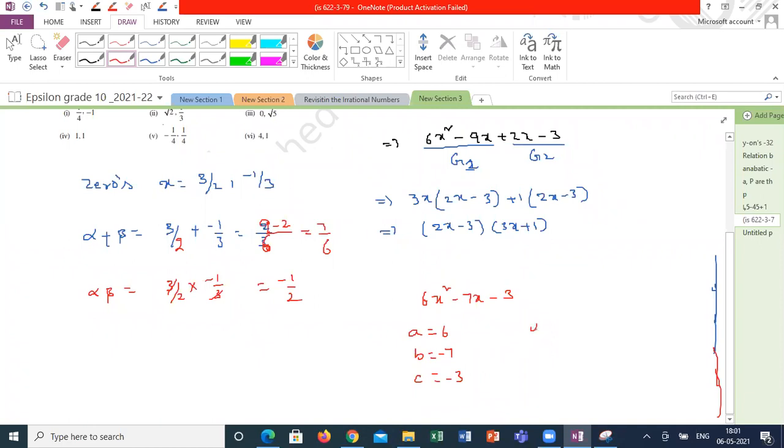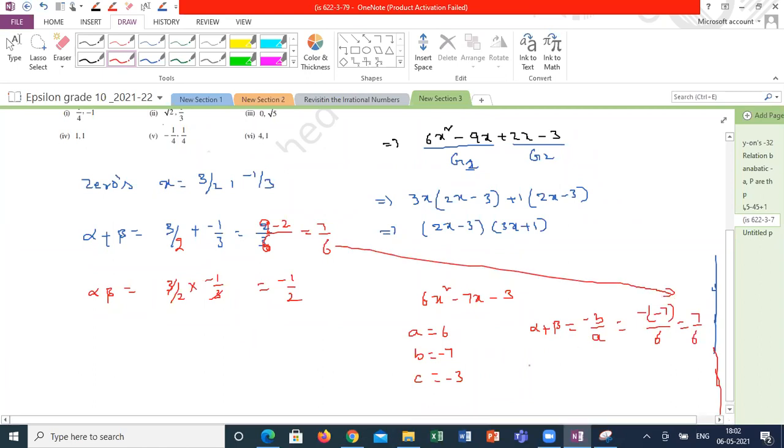So alpha plus beta, the sum of the zeros, is minus b by a, minus of minus 7 by 6, so 7 by 6. Alpha into beta is equal to c by a, minus 3 by 6, 2 times, so minus 1 by 2. So the product of the roots is also verified.